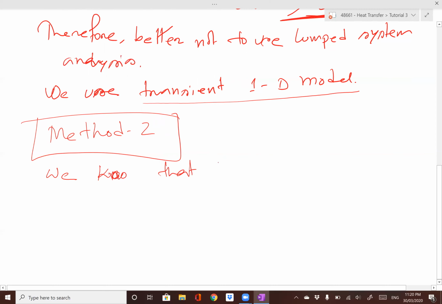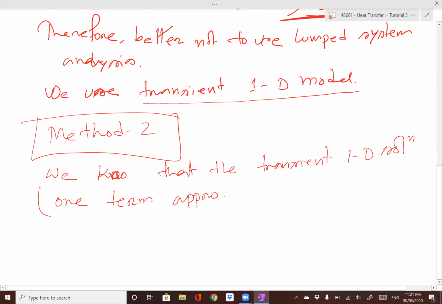So we know the tangent one-dimensional solution, say the one-term approximation for the center wall.